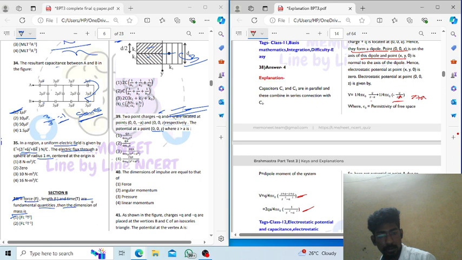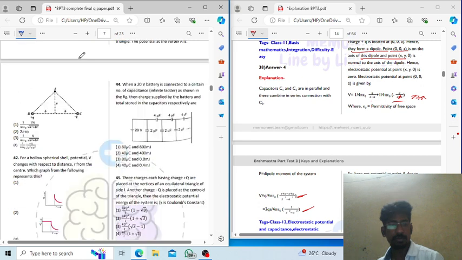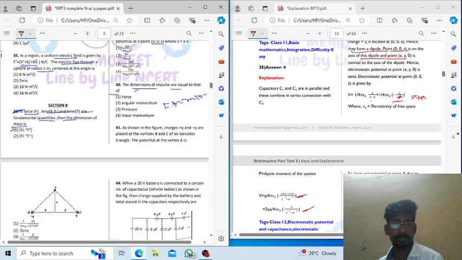Dimension of the impulse is equal to that. First of all, understand this. Impulse is given by force into time. So it is equal to m into v minus u, that is the change in the momentum.